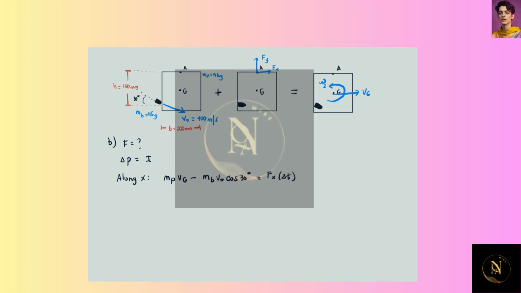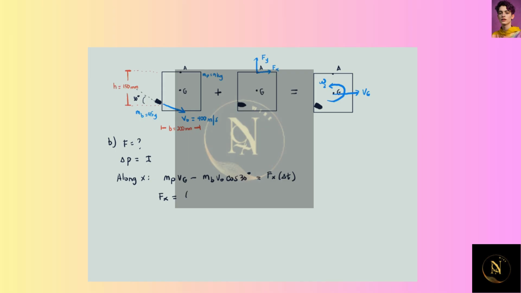So this is the equation for impulse. So we can now solve for f sub x. So f sub x would be equal to this entire left-hand side divided by the time interval.